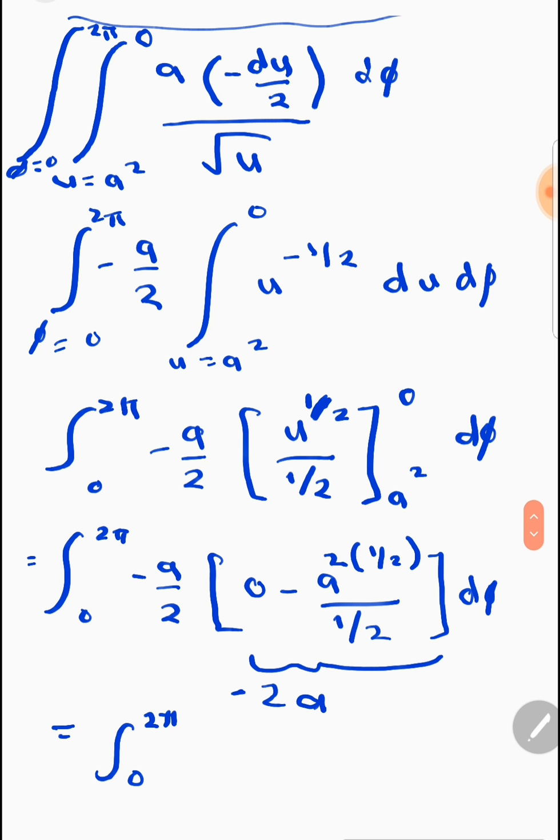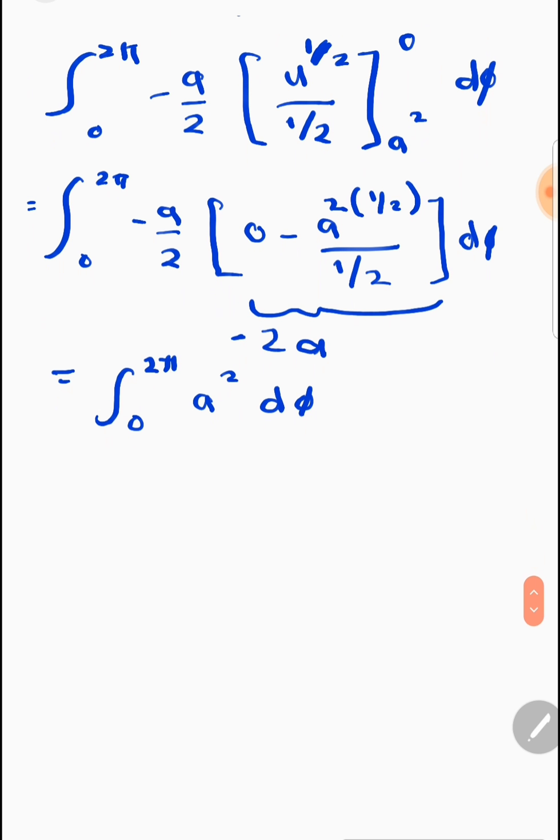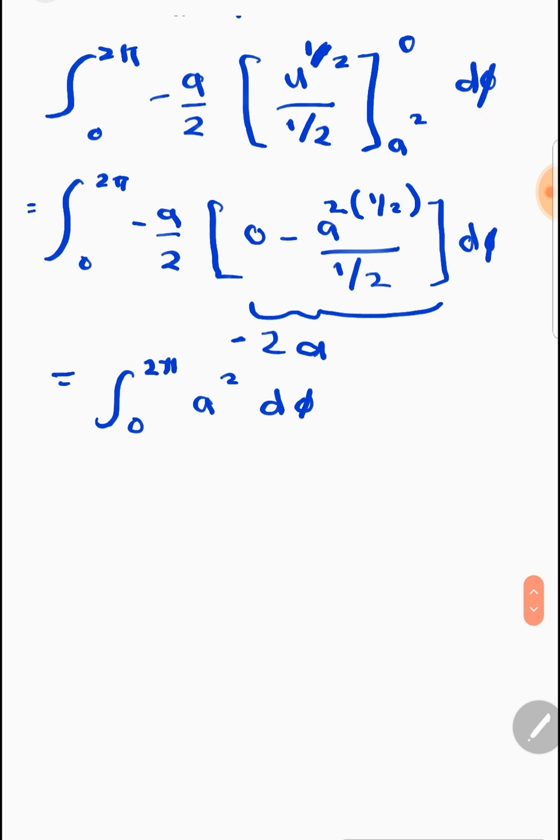Yeah, I know that this can actually look kind of messy. I'll get a squared d phi, and when I scroll this up again, when I have a squared, again, nothing to do with my phi, isn't it? So a squared is just a constant. So when I integrate 1 with respect to d phi, we'll just get phi from 2 pi to 0.